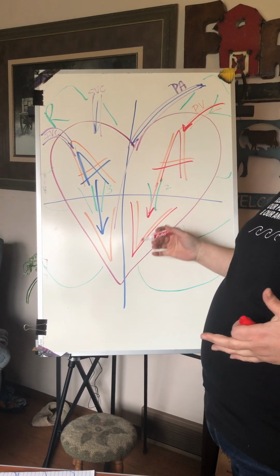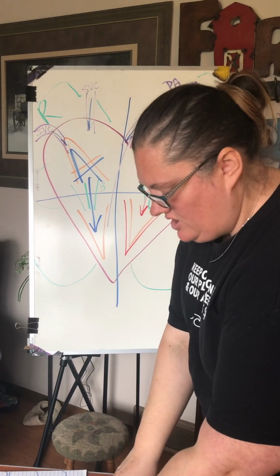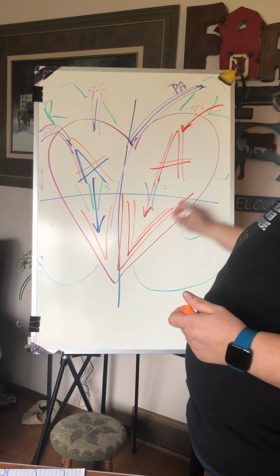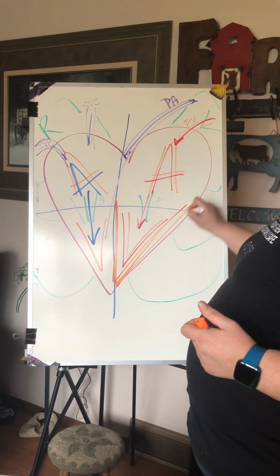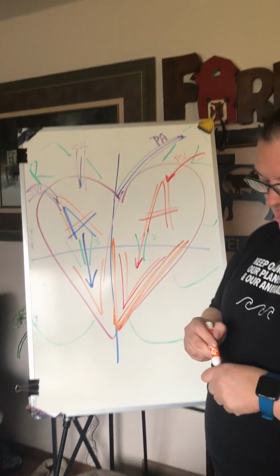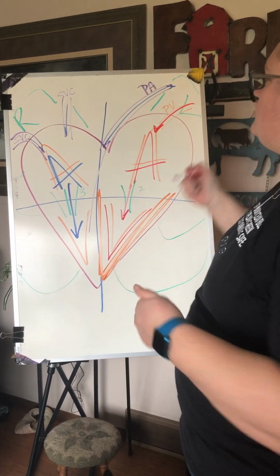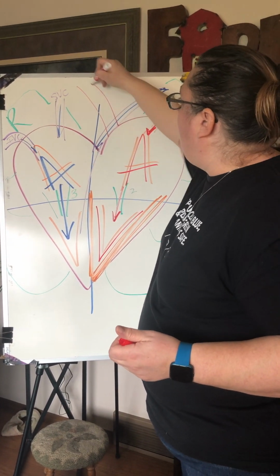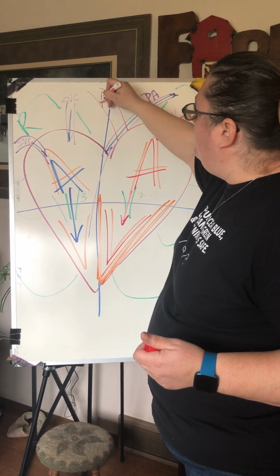And now we get this huge push from this left ventricle. It has big walls, it's very strong, and we get this huge push out the major artery in our body, the aorta.